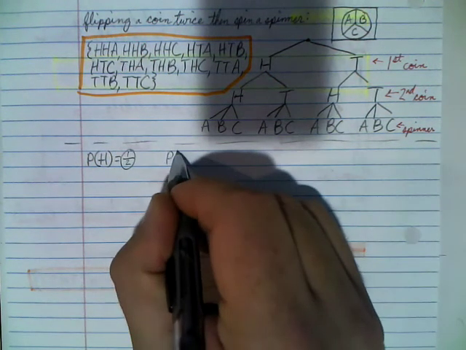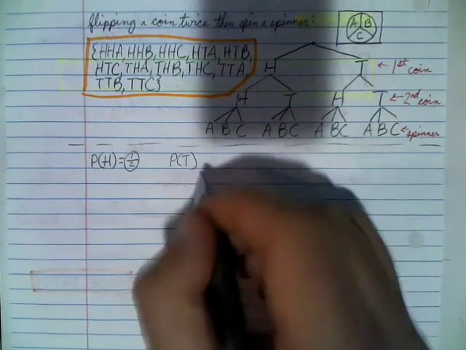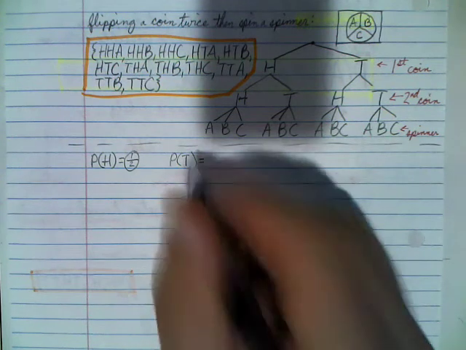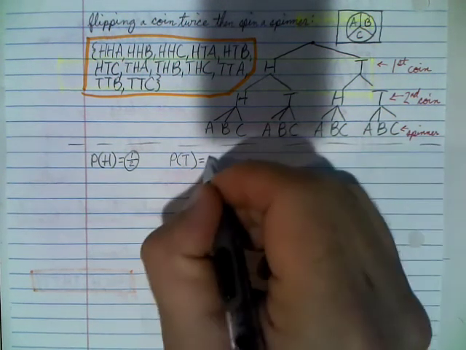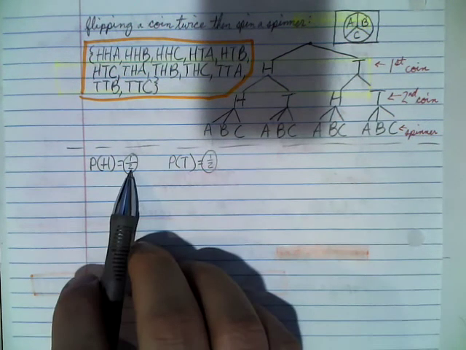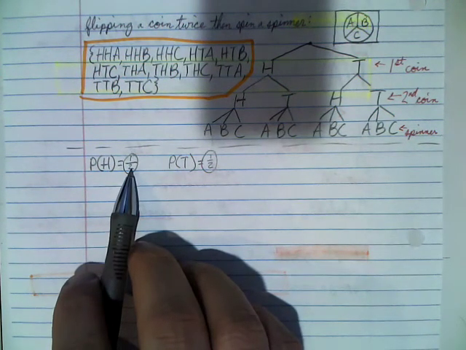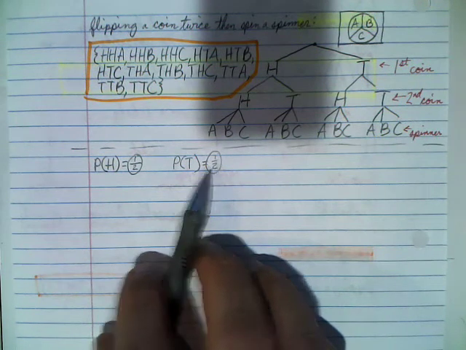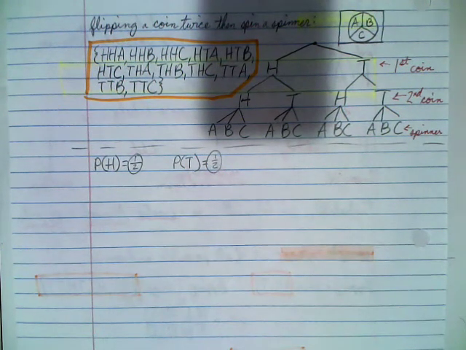What's the probability of tails then? Likewise, there's only one favorable, tails, out of the 2 possible. So what we see here is it is as likely as not to get heads. It is as likely as not to get tails, because of course they're the only 2 options.